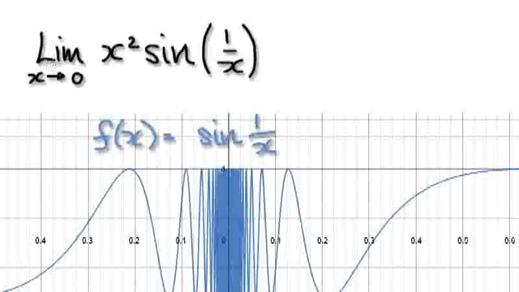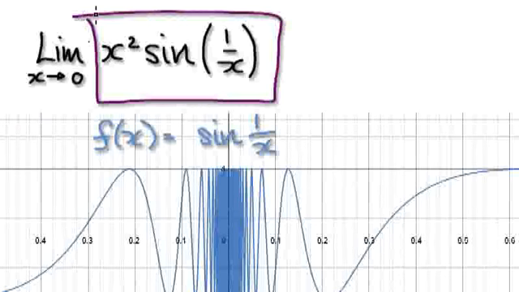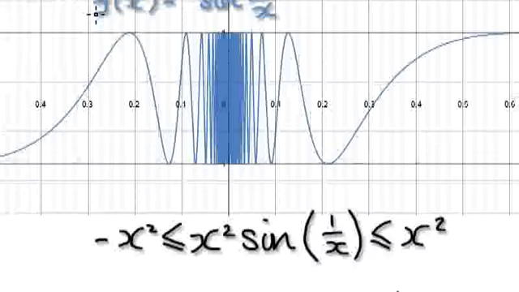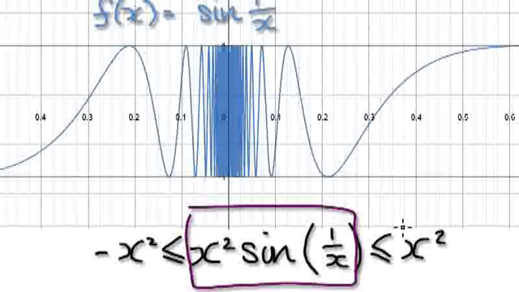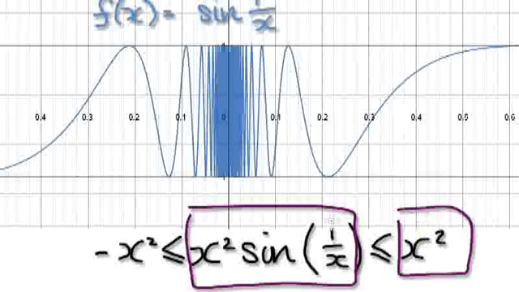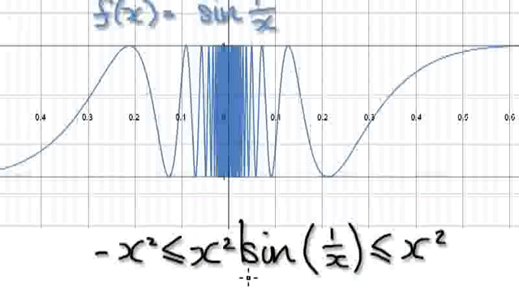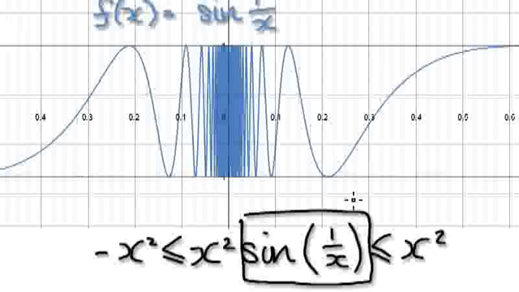So what I'm trying to say is that looking at this here, we can actually say that the highest value that this thing here could be is x squared, because this thing here is always being trapped in between. The highest value that this block could be is positive 1.